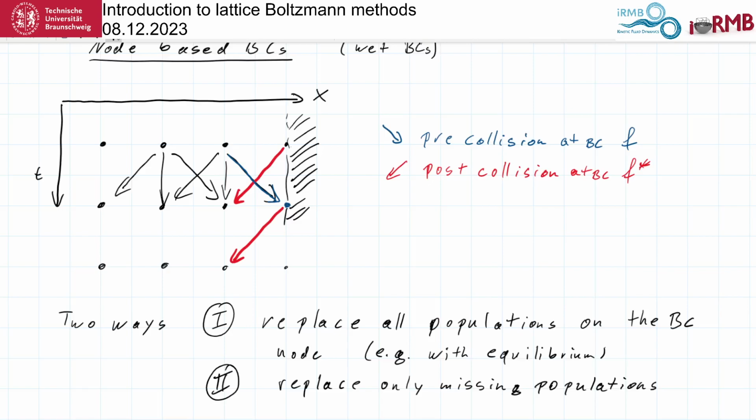This boundary node obviously has neighbors in the fluid domain, so it gets some information from the fluid, right? You can keep this information, the distributions that go out of the domain and inside the boundary node, and complement it with the information of your boundary condition, and from this you can compute the outgoing distribution.